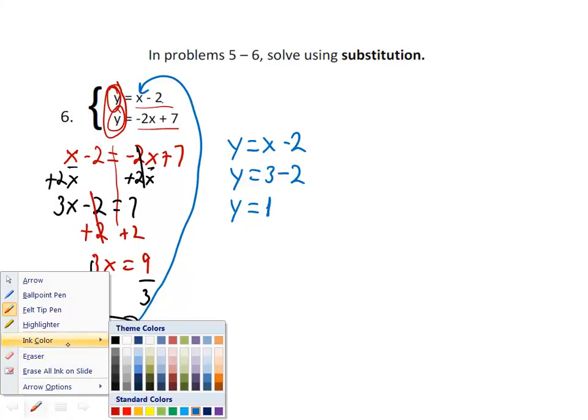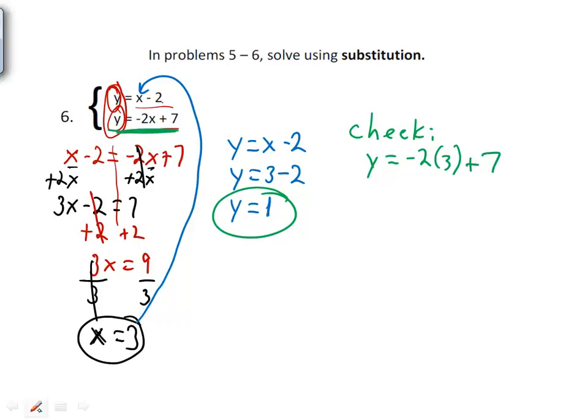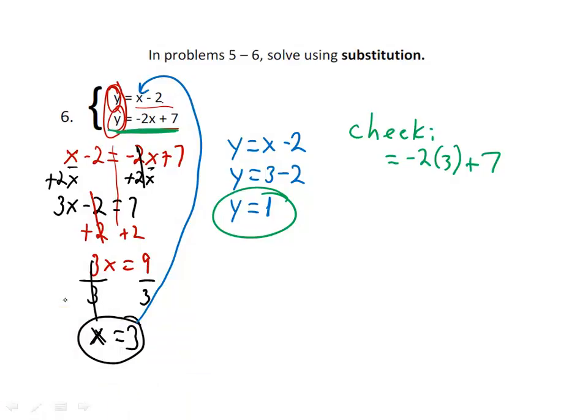All right. Got to be sure, though, so I'm going to check it in the other equation, this one here. So for the check, I'll do y equals negative 2 times x, which is 3, plus 7, and I'm thinking that y is 1, so I'm going to put 1 in place of it.